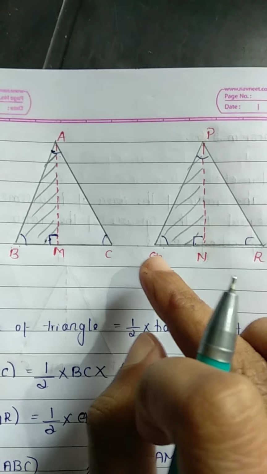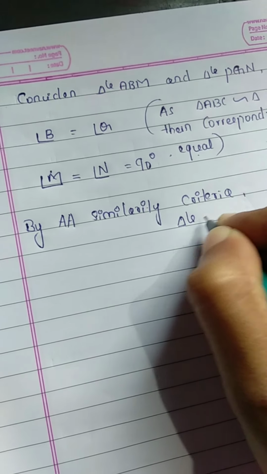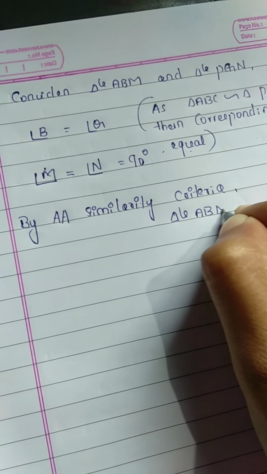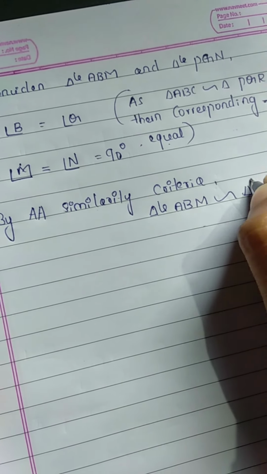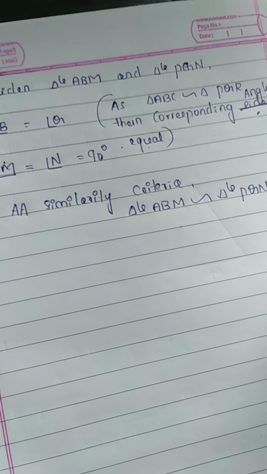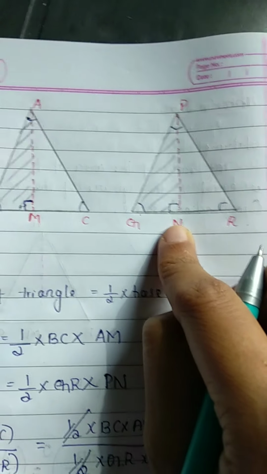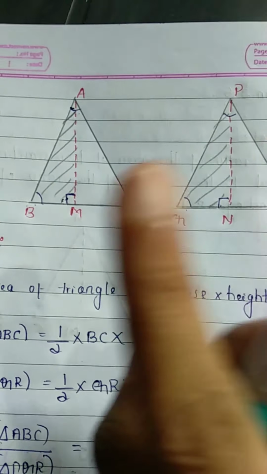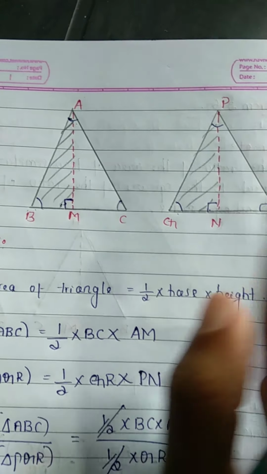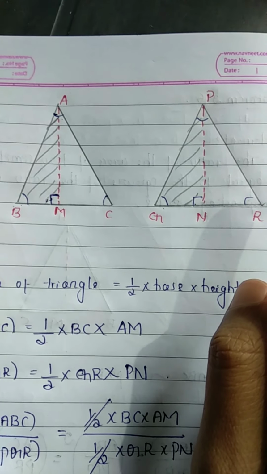So we conclude that triangle ABM is similar to triangle PQN. So corresponding angles are equal and corresponding sides are divided in the same ratio.